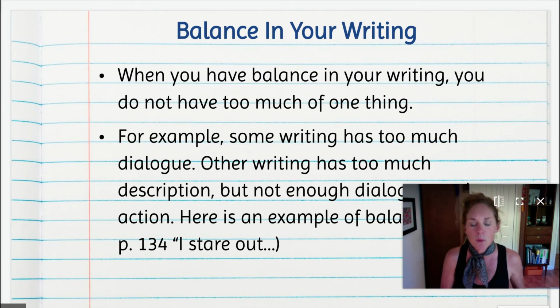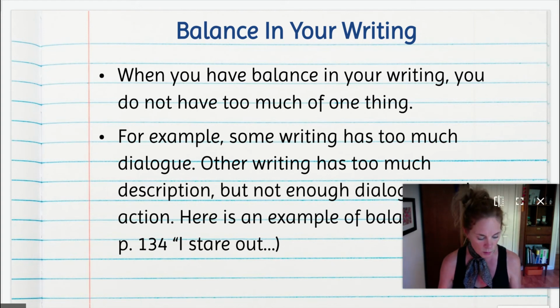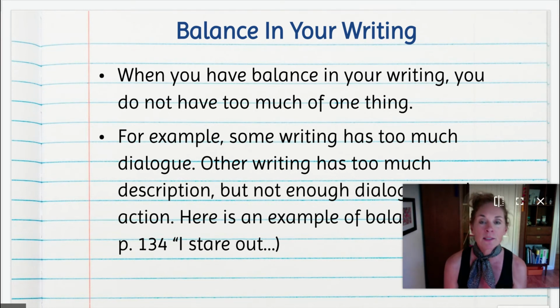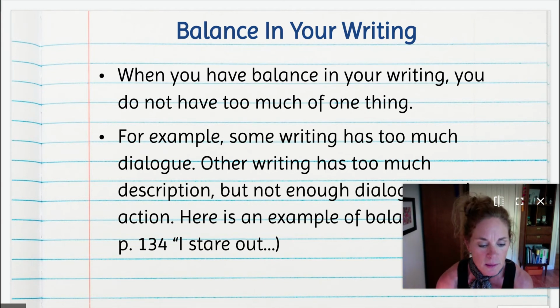So here's an example of balanced writing. It's actually from our mentor text, Come On Rain, and it goes like this. I stare out over rooftops, past chimneys, into the way off distance, and that's when I see it coming.